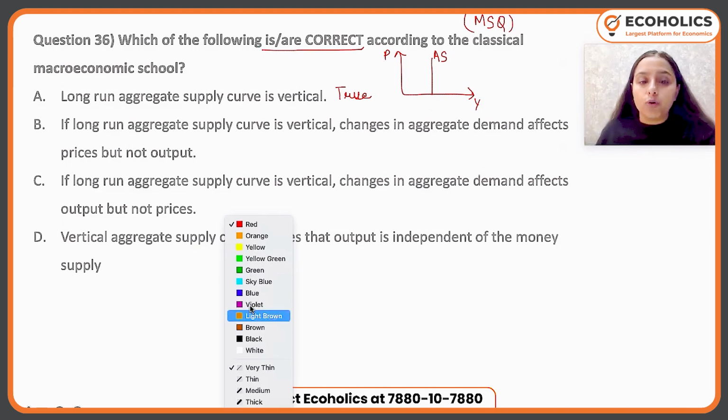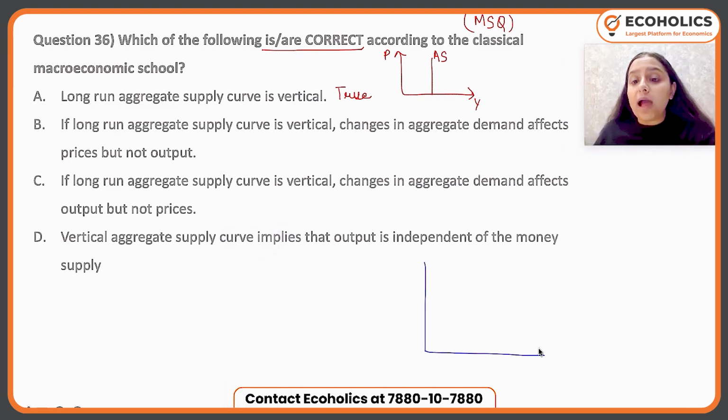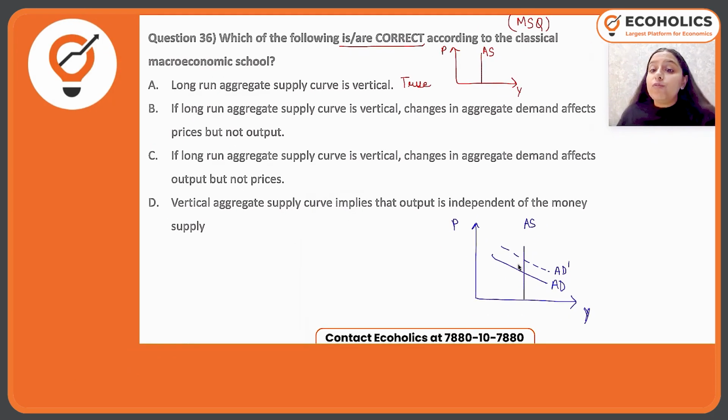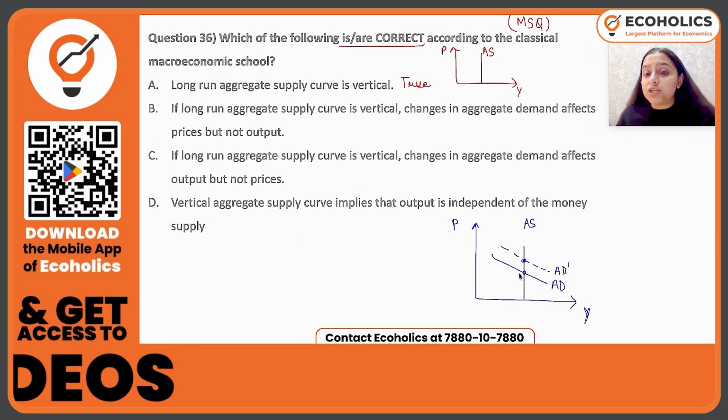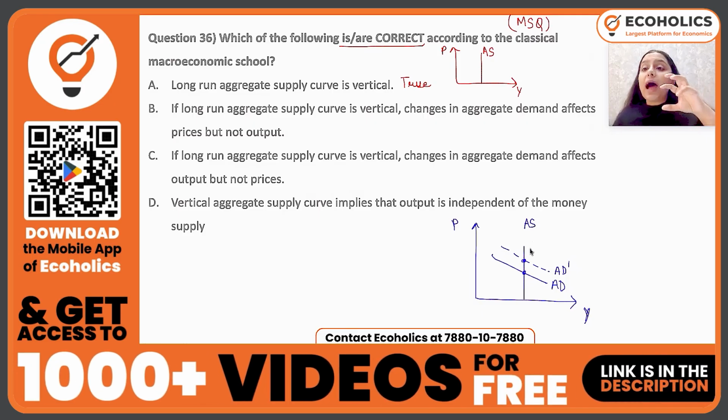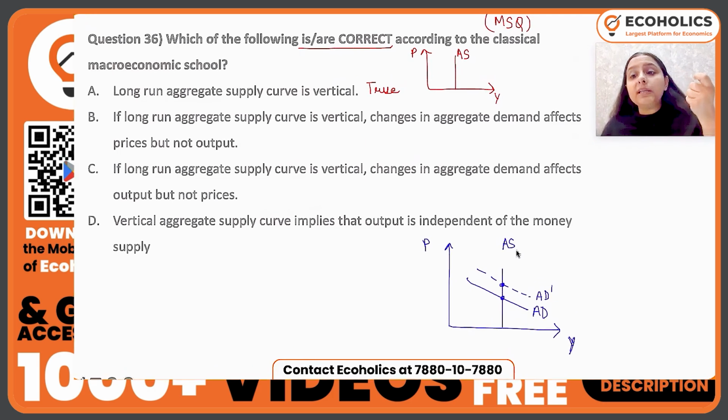Option B: if the long run aggregate supply curve is vertical, changes in aggregate demand affect prices but not output. If we have a vertical aggregate supply curve, and you change the aggregate demand, let's say it shifts upward to AD dash, what is happening? Only the prices are changing. There is no change in output, because with a vertical aggregate supply curve, full employment is being achieved.